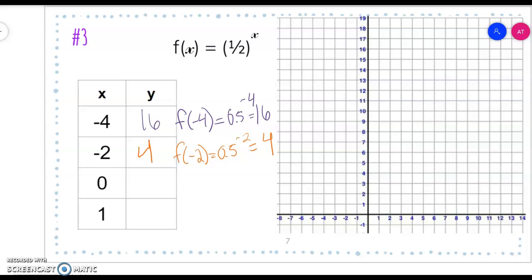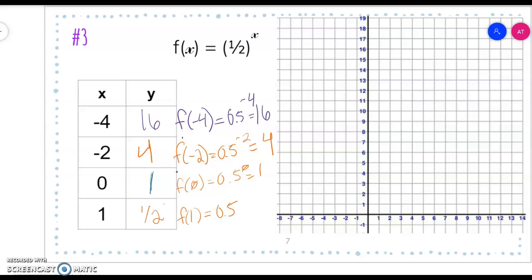Then 0. Anything to the power of 0 we said is always what? 1. Always, always, always. So f of 0 for 0.5 to the 0 is just going to be 1.